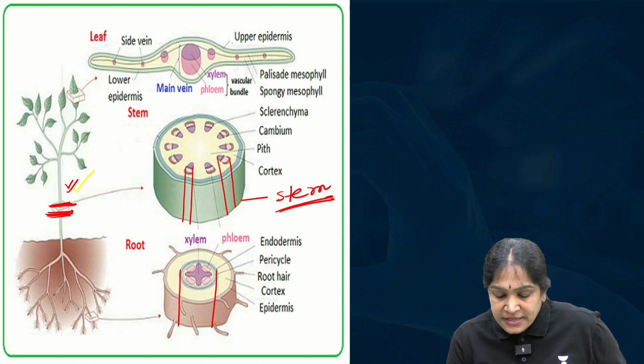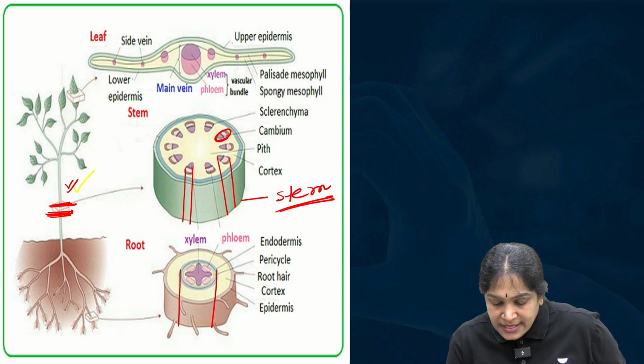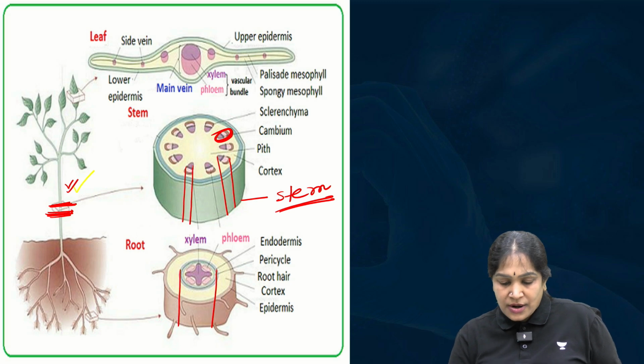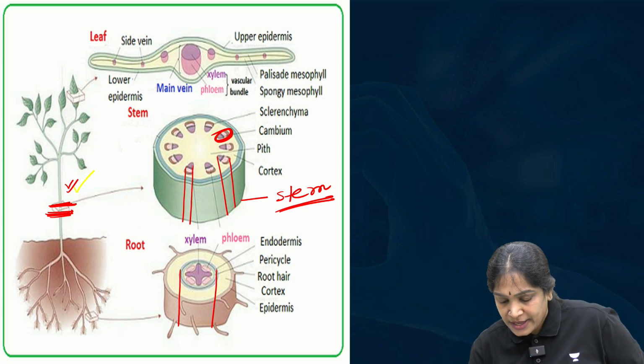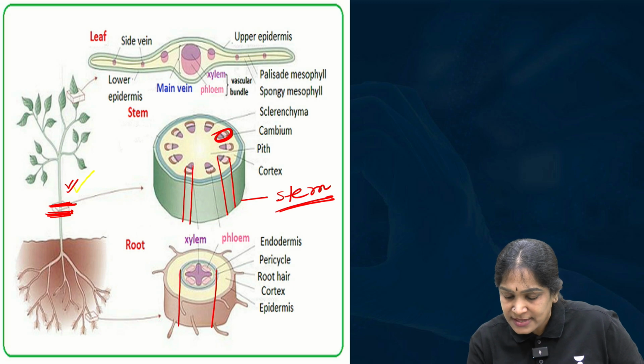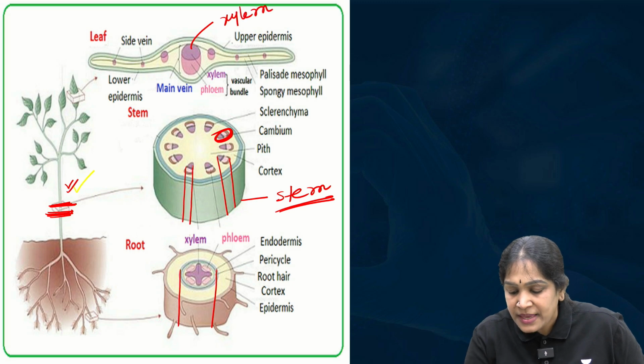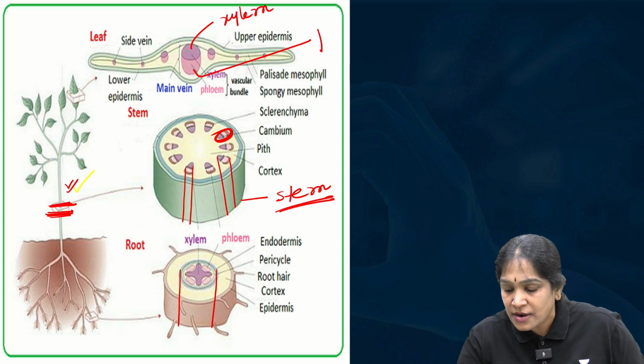If you observe this structure, this is called xylem. You have the xylem here, this purple color patch is called xylem. This pink color one is called phloem.